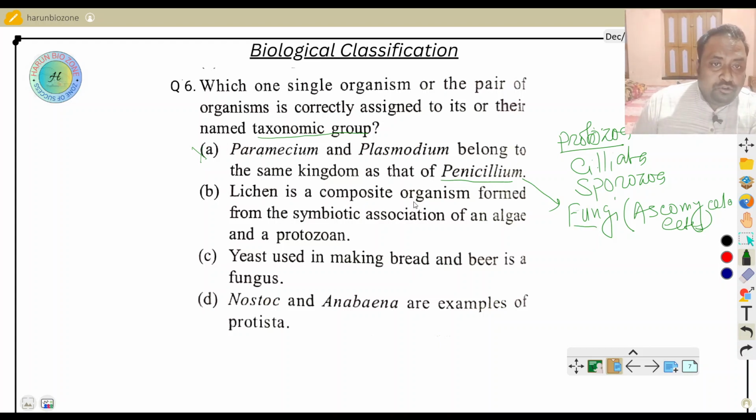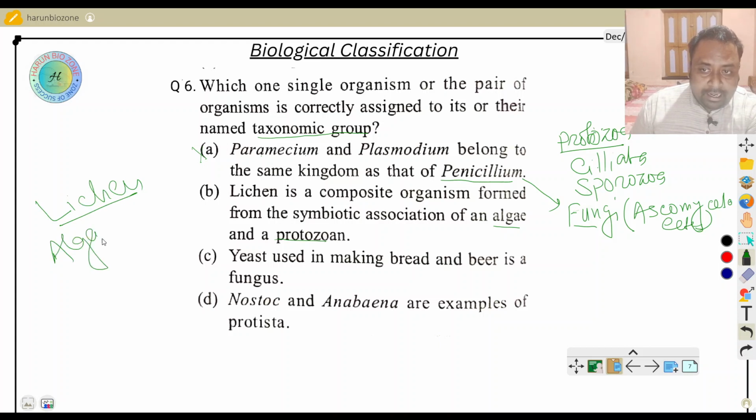Lichen is a composite organism formed from the symbiotic association of an alga and protozoa? No, lichen is the symbiotic association of algae and fungi. The algal partner is called phycobiont and the fungal partner mycobiont. So lichen is a symbiotic relationship. This is also not the correct answer.